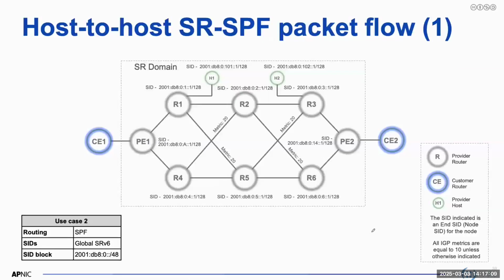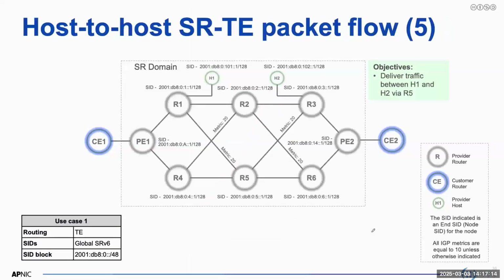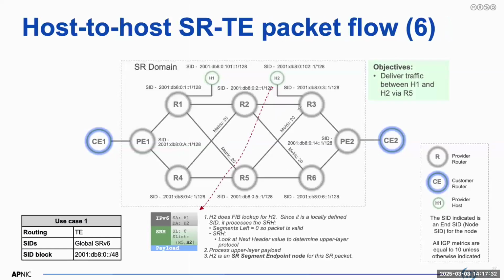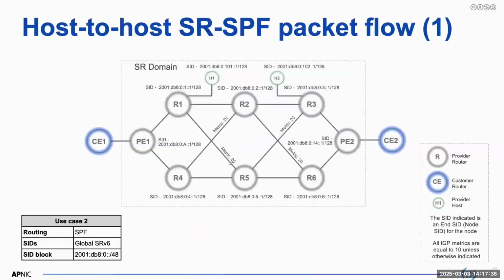So in the previous case, we were using traffic engineering, where we specified the path that we are going to take: R5 then R2. But what if we want to do the same routing without specifying the path, and we just need the shortest path? In that case, we do not need to specify the list of segments; we only need to specify the source and destination.